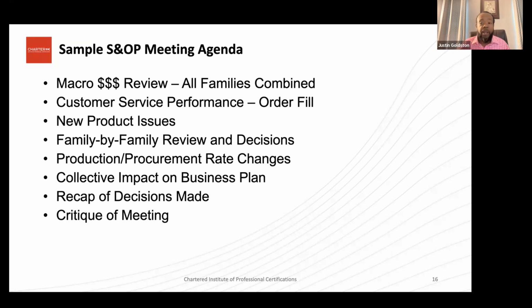Anything that we do from a forecasting perspective, from an S&OP perspective, from a leadership perspective, from an organizational change perspective, we want to provide a retrospective, a lessons learned, to see how we can continue to improve the process.